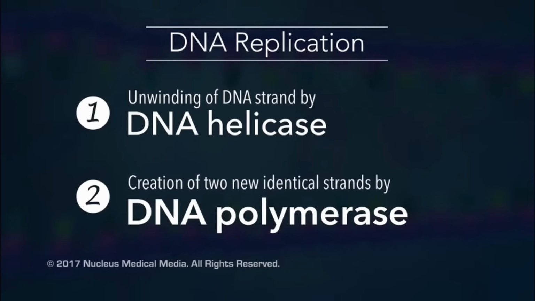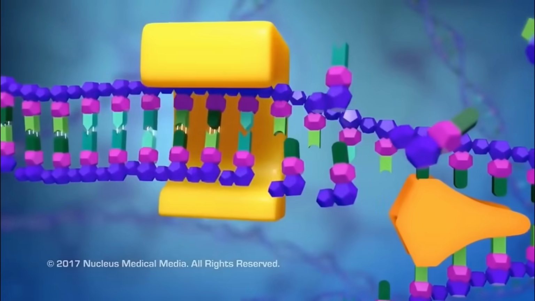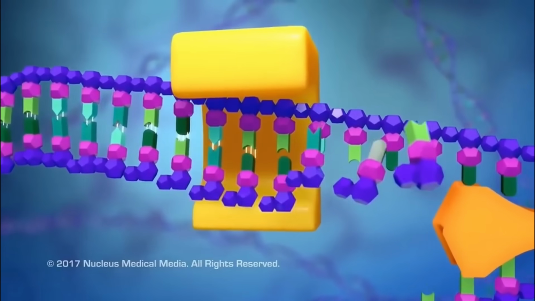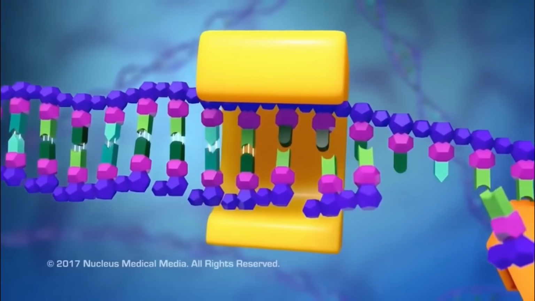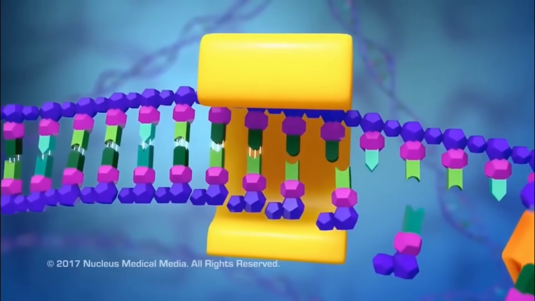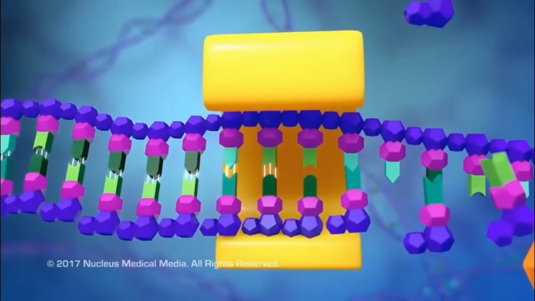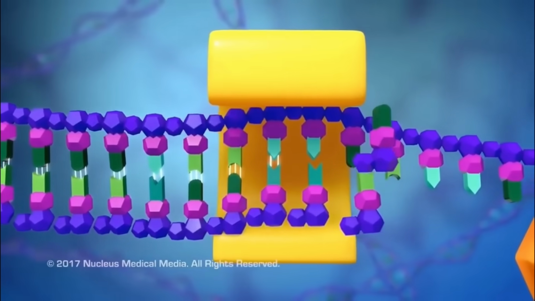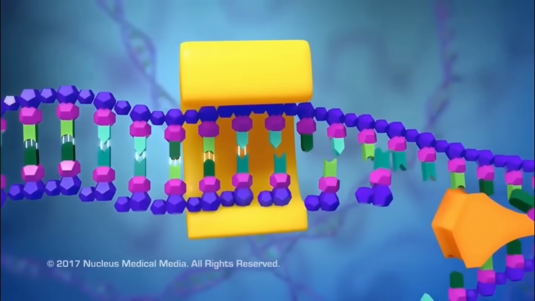An enzyme that assists in this process is called DNA polymerase. It adds free nucleotides available in the nucleus to the original template strands. DNA polymerase does this by creating new hydrogen bonds between the available nitrogenous bases of the free nucleotides and those on both sides of the original DNA molecule.